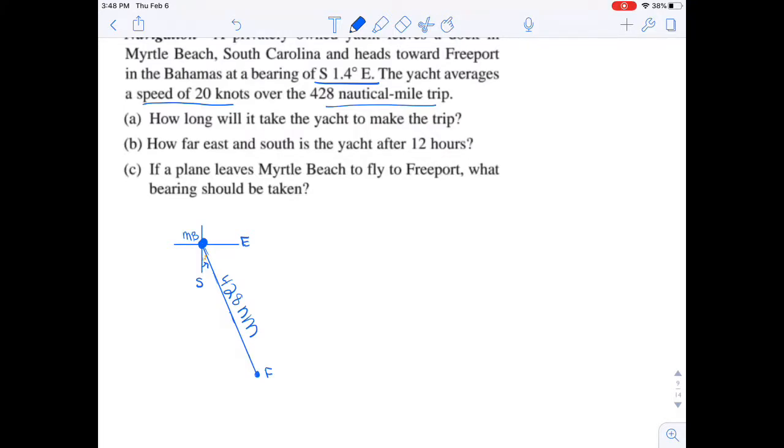A speed of 20 knots over 428 nautical miles. So that is another one where we have to use the fact that distance equals rate times time. So the distance is 428 nautical miles. The speed is 20, and we have to figure out the time. So I can divide by 20. So my time would be 21.4 hours. So our trip is going to take 21.4 hours.